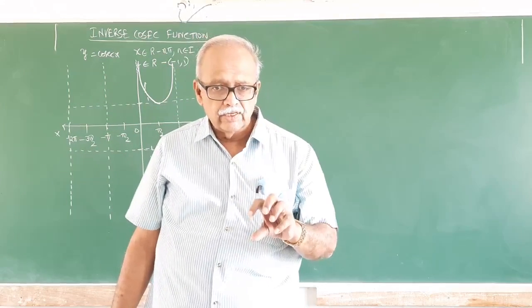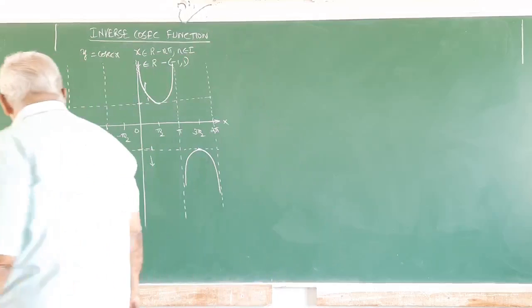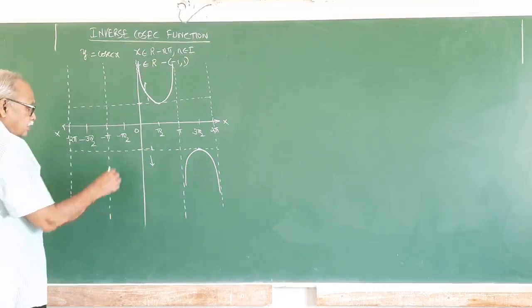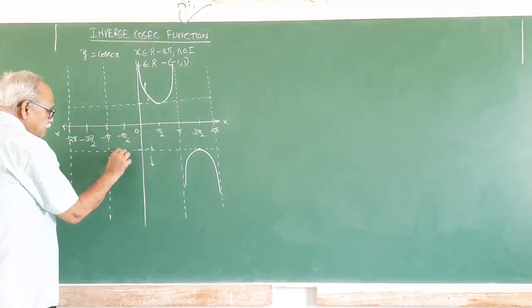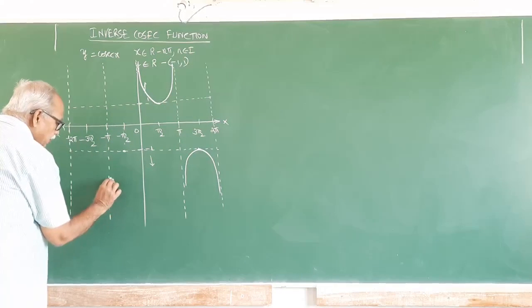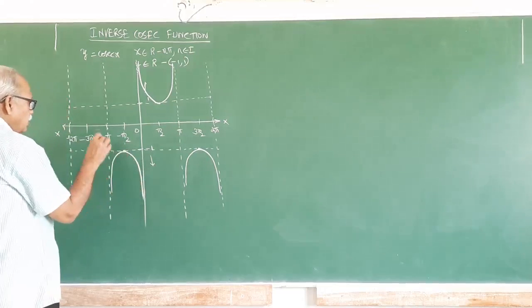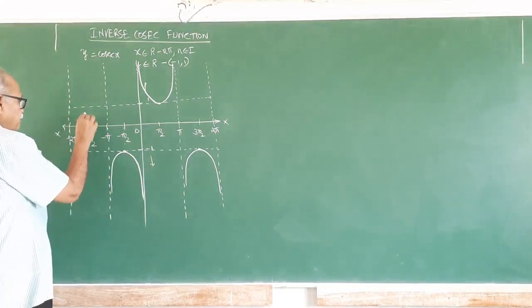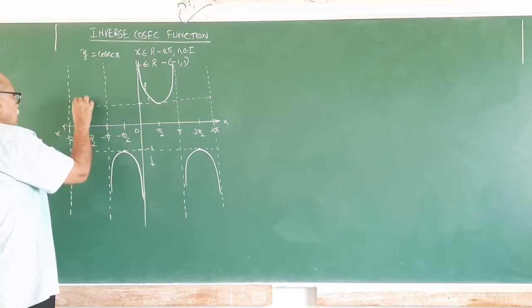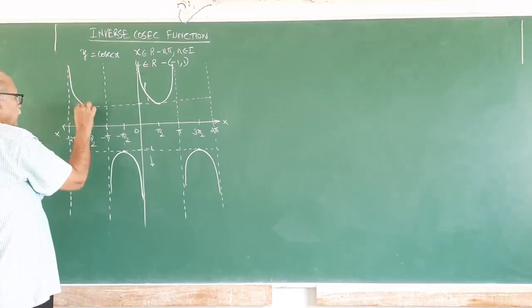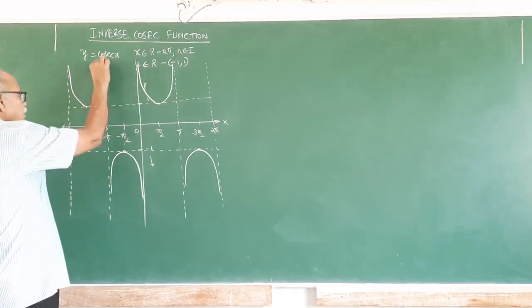In both, cosecant x is negative. Here cosecant of minus pi by 2 is also minus 1, and cosecant of minus 3 pi by 2 is plus 1. So you can see the graph of cosecant x.